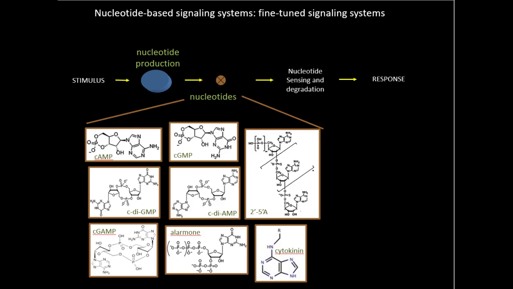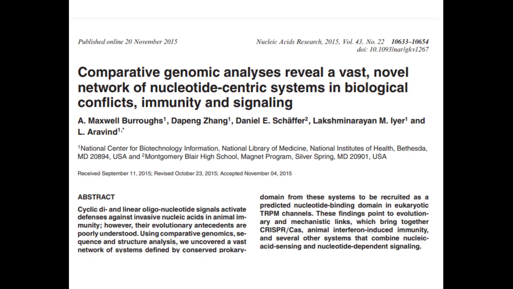So this work allowed us to extend these nucleotide-based signaling systems back to the prokaryotic world. And in the prokaryotic world, we found that there was a great diversity of these, and those were again the seeds of the metazoan immune systems which used these nucleotide signals.